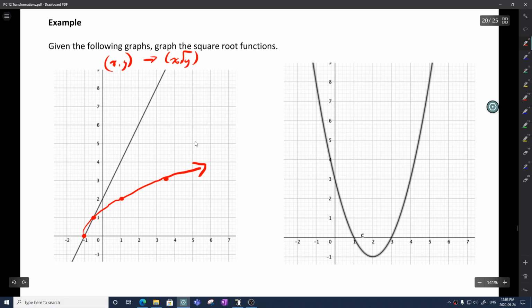This one's more challenging, so I'm going to pick the color green for challenge. All right. If this is my parent function, y is equal to f of x, I'm going to attempt to graph y is equal to the square root of f of x. Let's go over those 5 important ideas. Wherever my function is negative, right here, my square root function will be undefined.